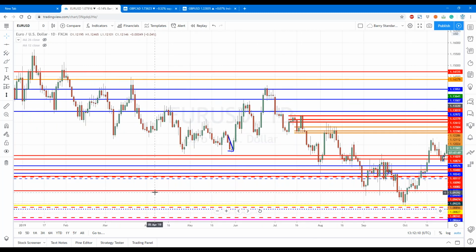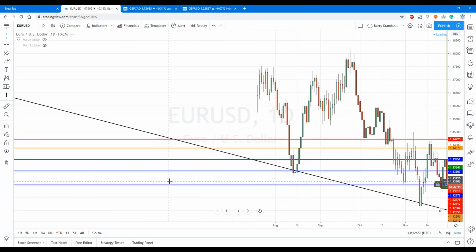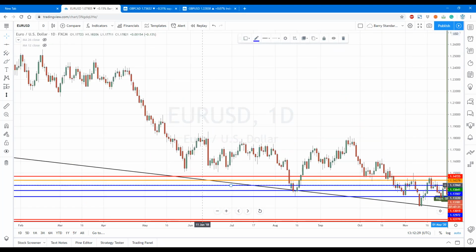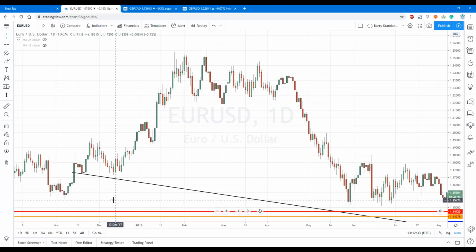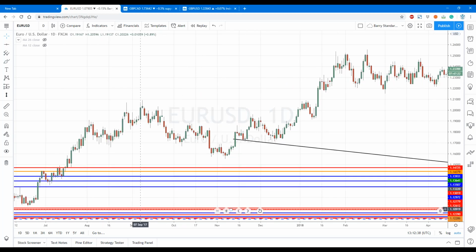So we need to go back pretty far. Here, this is it, October 1st, 2019. We can see this bottom price was strategically important, but we still need to get lower. But the euro hasn't been trading down that low, so we have to keep going back and going back to find when the euro was trading in this range. And that's when these lines were drawn on the charts, way back when.